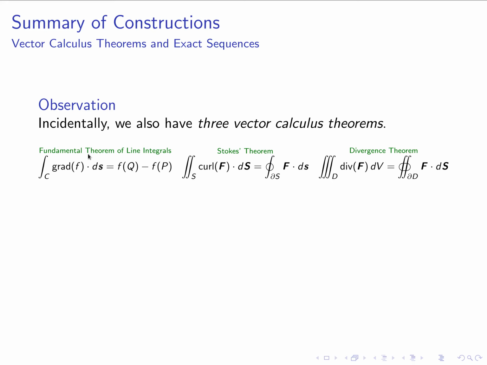This was actually from months ago. And at its core, what the fundamental theorem of line integrals says is that if we take a path integral of the gradient field of a scalar field, this is the same thing as evaluating the original scalar field at the endpoints of the curve.